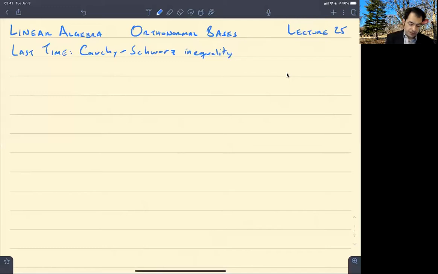This time we want to talk about another concept that makes sense on inner product spaces, and that is a basis of orthonormal lists.